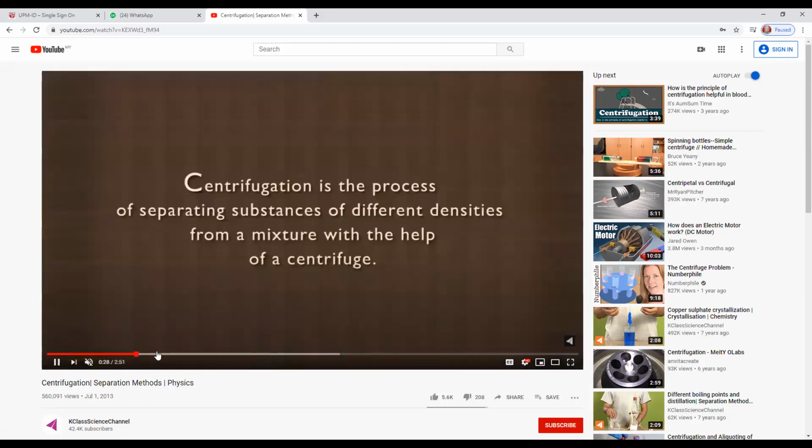Okay, so I'm going to explain. Centrifugation is the process of separating substances of different densities from a mixture with the help of a centrifuge.